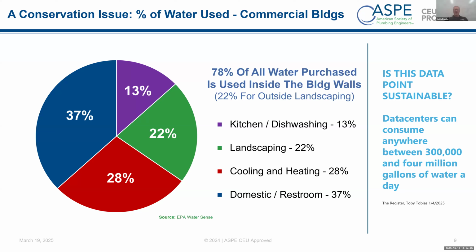is this a sustainable thing in a data center application where you are using 300,000 to? And I read this article a couple months ago. You can find it there by this gentleman that wrote the article. Up to 4, and some of you guys have probably done some of these mega centers, where up to 4 million gallons of water is used a day.